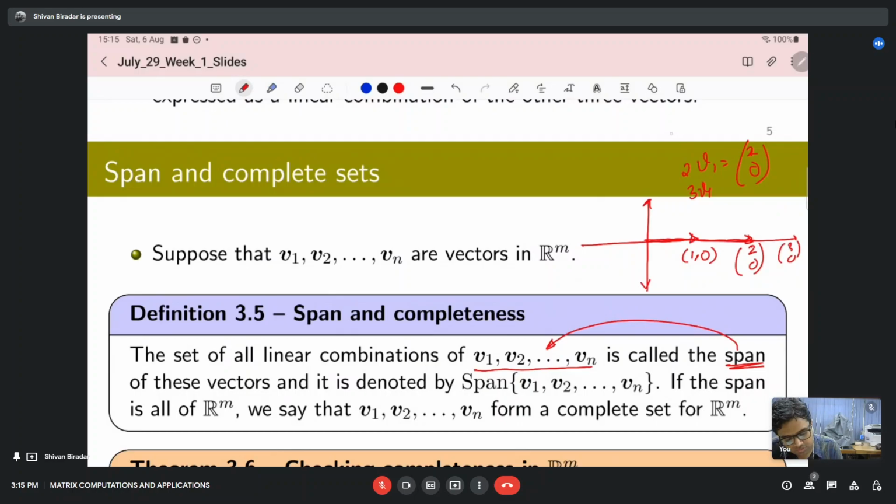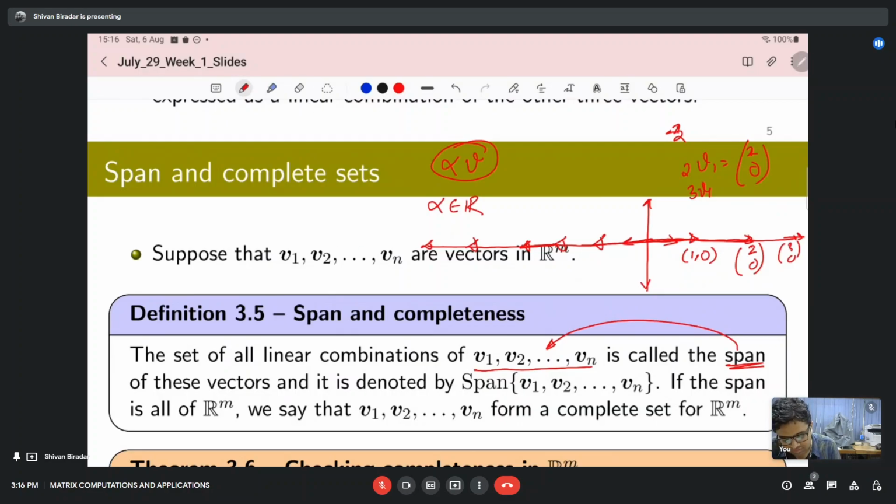If I multiply this vector with minus 3, then I'll get this vector. So let us say that I multiply this with a general constant alpha, which belongs to the set of real numbers. For any alpha, if I multiply v with alpha, then I can get all the vectors on this line, the x-axis.